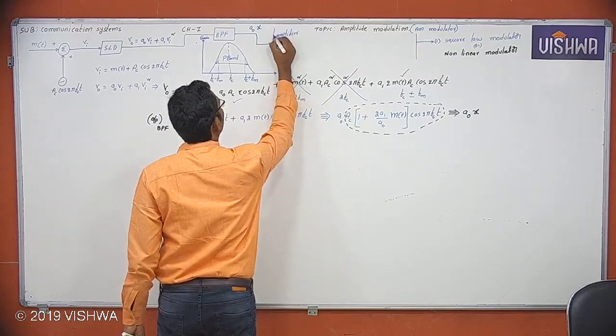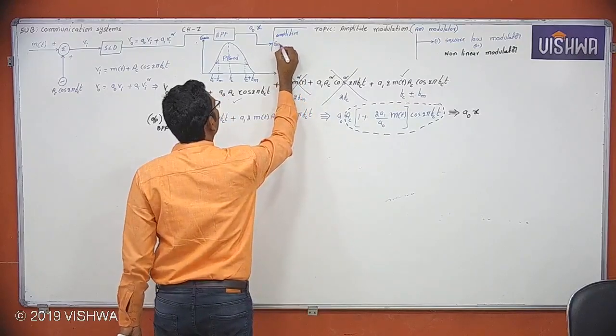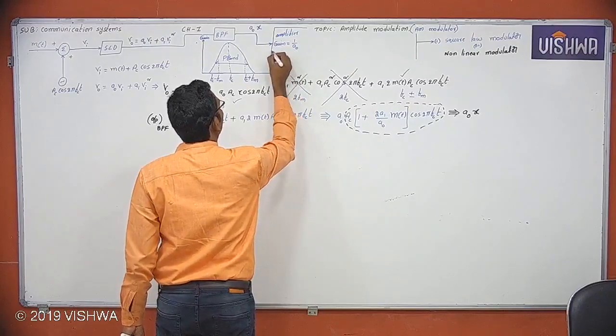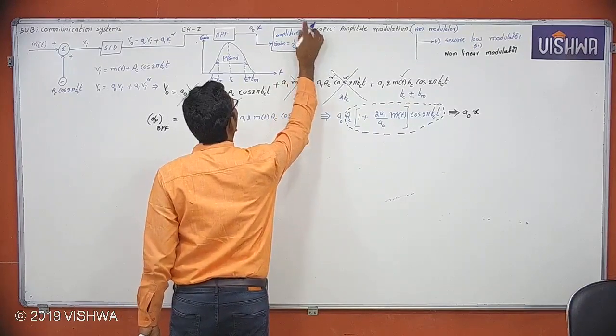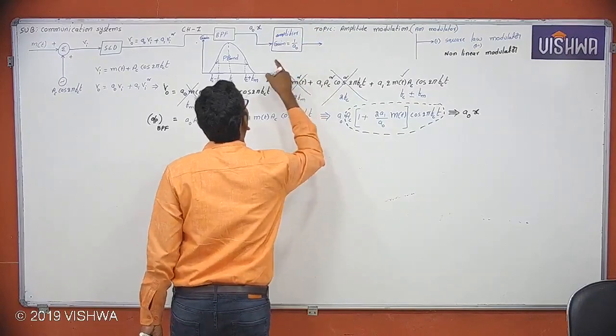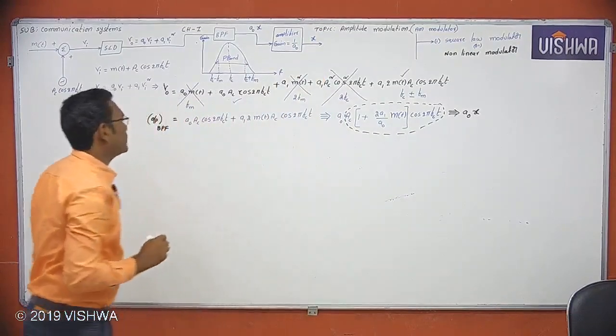This is passing through an amplifier circuit whose gain is equal to 1 by A naught. Now this A naught cancels, which is X. Now what is X here?